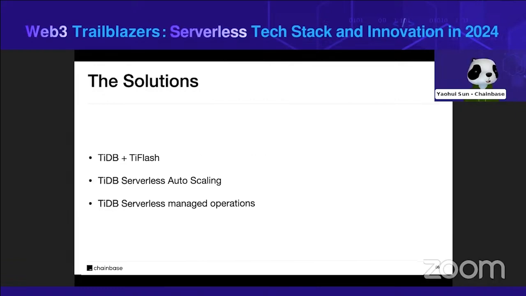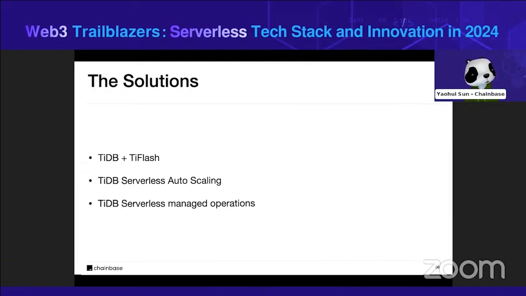First, we are leveraging the combined strengths of TiDB and TiFlash. This powerful duo outperforms traditional databases like MySQL and PostgreSQL, particularly in high concurrency point queries and aggregate queries. Secondly, TiDB Serverless technology introduces automatic scaling capabilities.